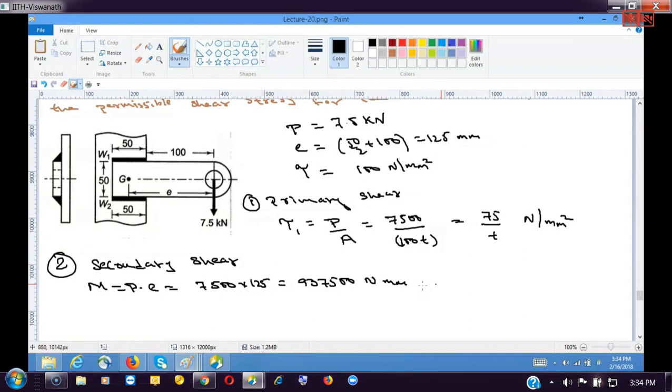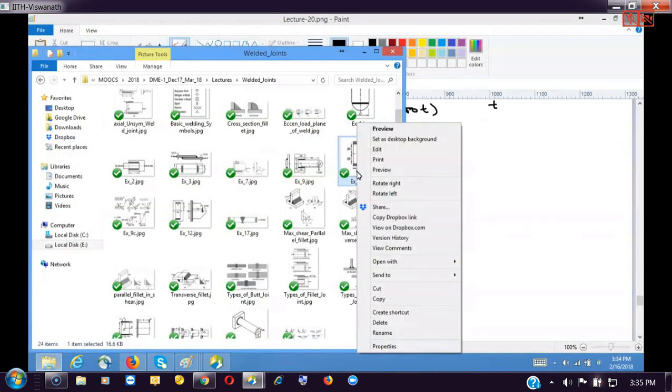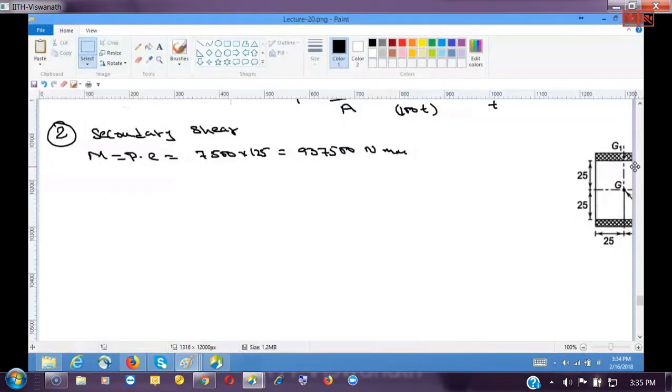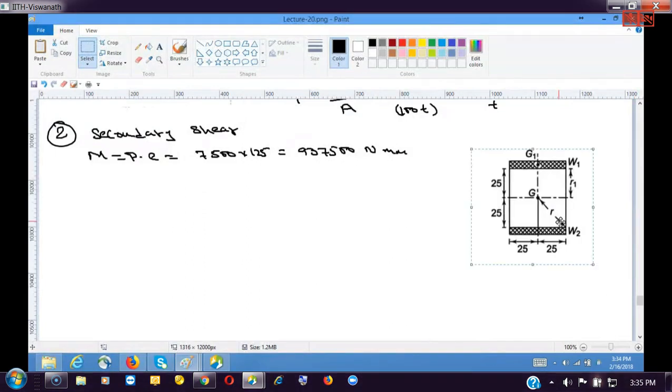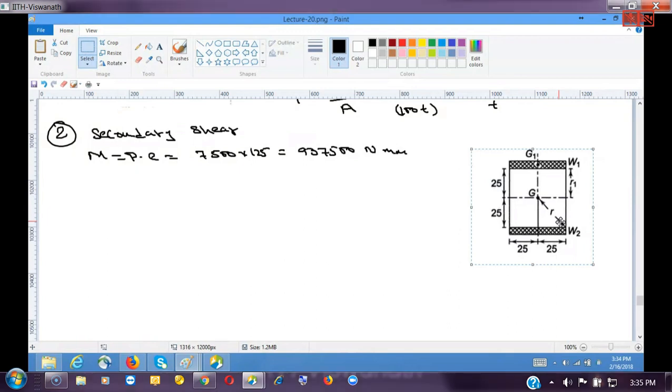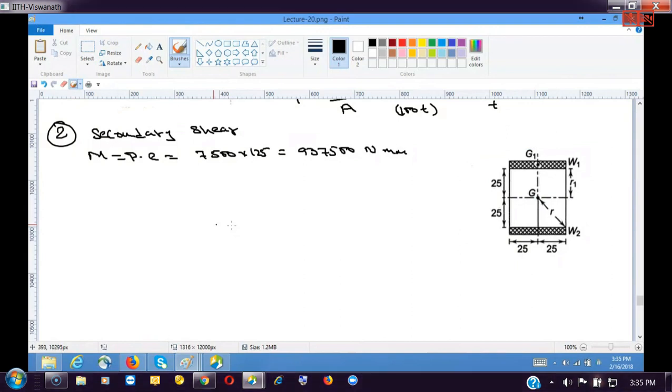You can see this is 25, this is 25, and this distance is 50 as shown. The farthest distance is this one, so we will take that into consideration. So R1, the center to center distance, is 25 mm, and our maximum R max is the square root of 25 square plus 25 square, that is 35.36 mm.